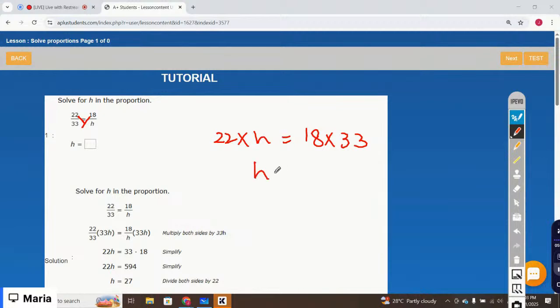Now divide both sides by 22. So we have 18 times 33 divided by 22. 11 times 2 is 22, 11 times 3 is 33. 2 times 9 is 18 and 9 times 3 is 27. So h equals 27.